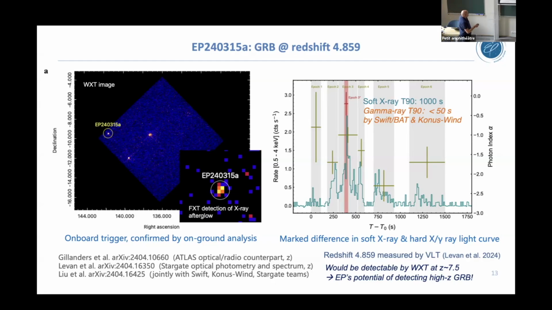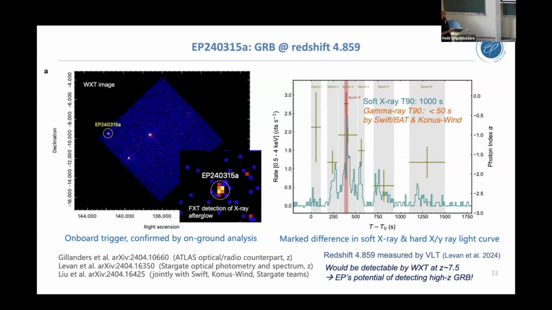Oh, this is the light curve. This is the WXT light curve, and the crosses are from Swift BAT and Konus-Wind. You see there's sometimes some anti-correlation between the X-rays and gamma rays. But the main thing is, it would still be detectable if you put this transient at a redshift of 7.5.